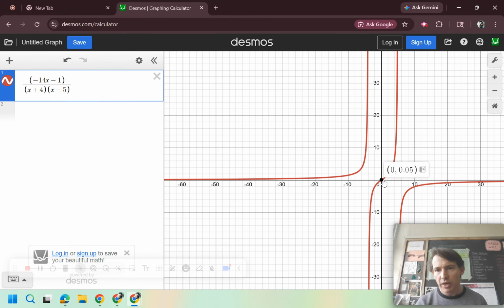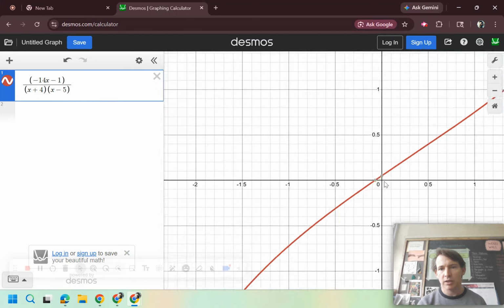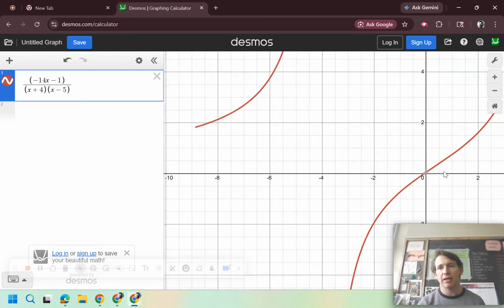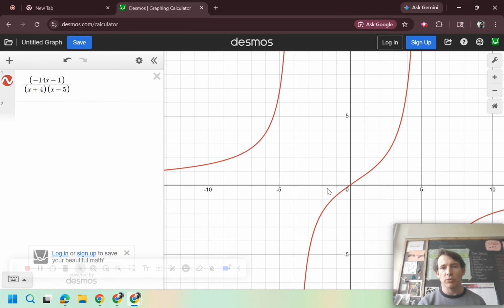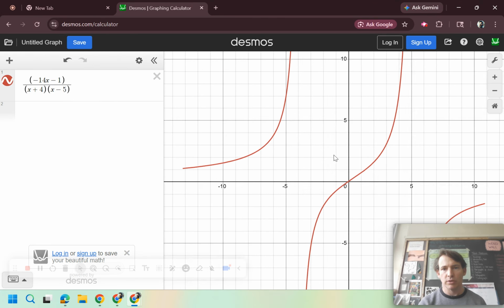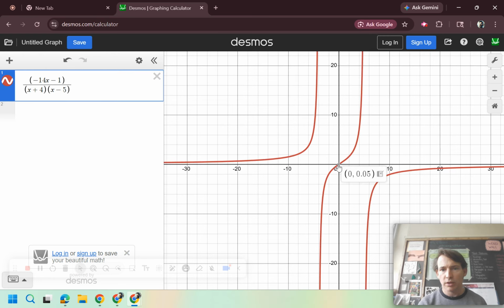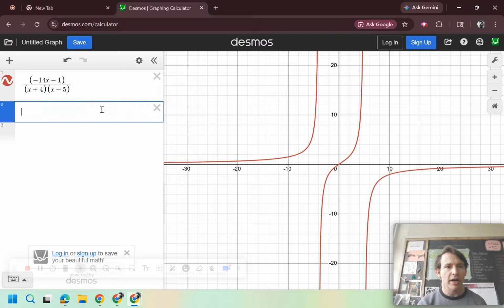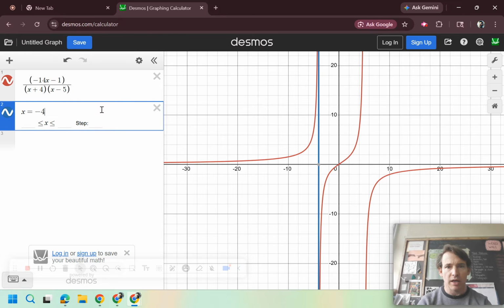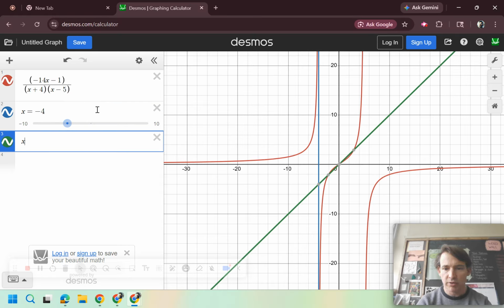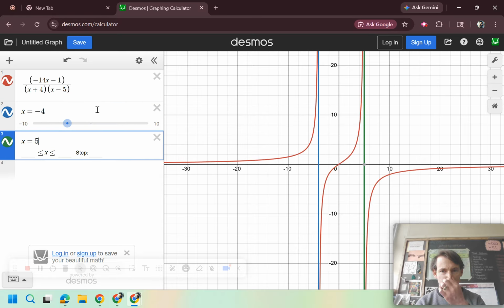So we have this point there, that's our x-intercept of negative 1/14 there. And past that, it's positive until we get to the asymptote. Our asymptotes were at x equals -4 and x equals 5, we'll see our asymptotes there.